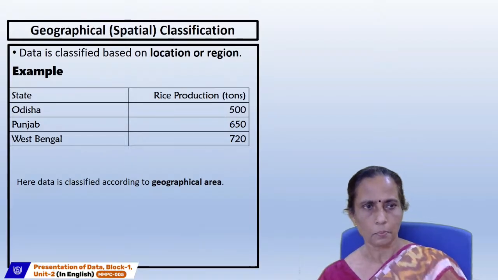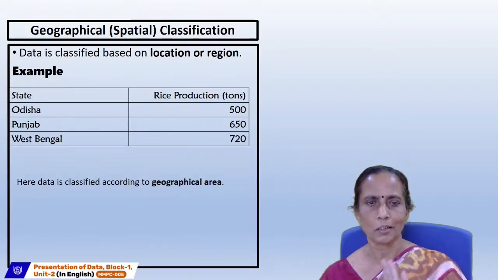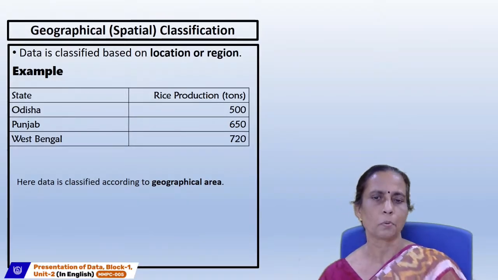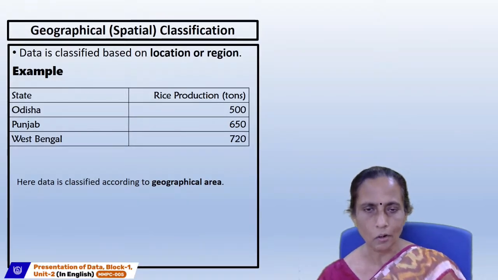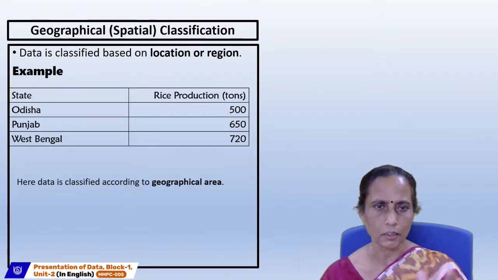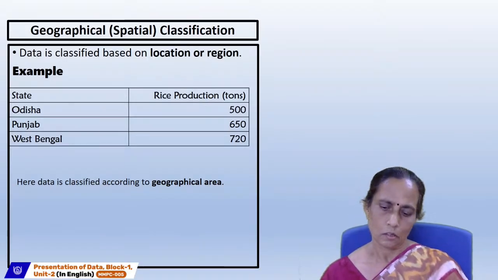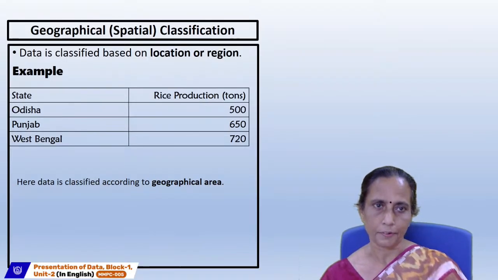Suppose the rice production of several states of India, and I have taken three here: Odisha, Punjab and West Bengal. If we classify it according to the states, then it is our geographical classification.